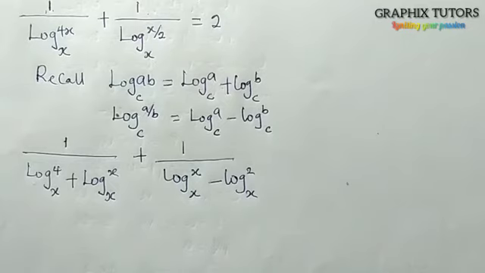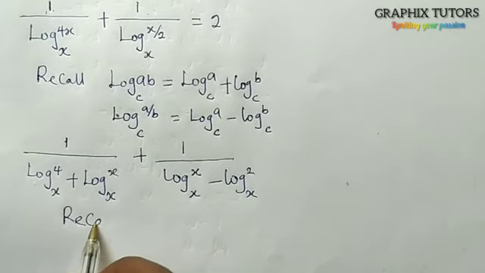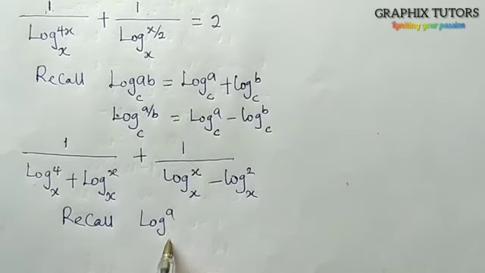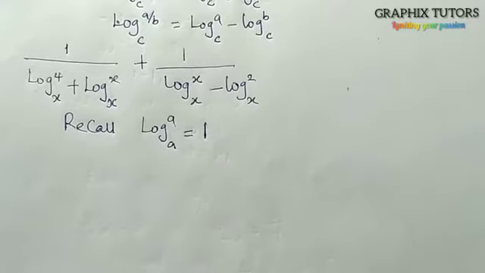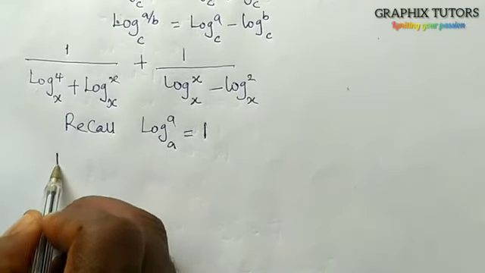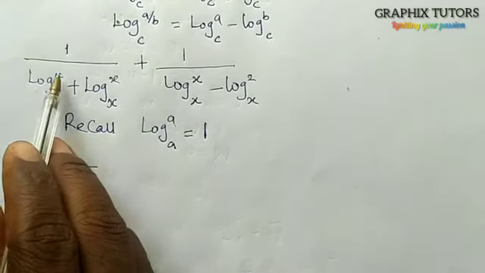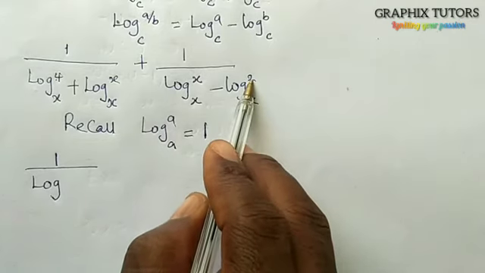Now the next thing you do is, there's another law again that says, recall, if I have log A to base A, it is going to give me 1. When they are the same, you have 1, right? So if I should rewrite this, I'm going to have 1 all over log, I can take 4 to a number in base 2 just for it to correlate with this.